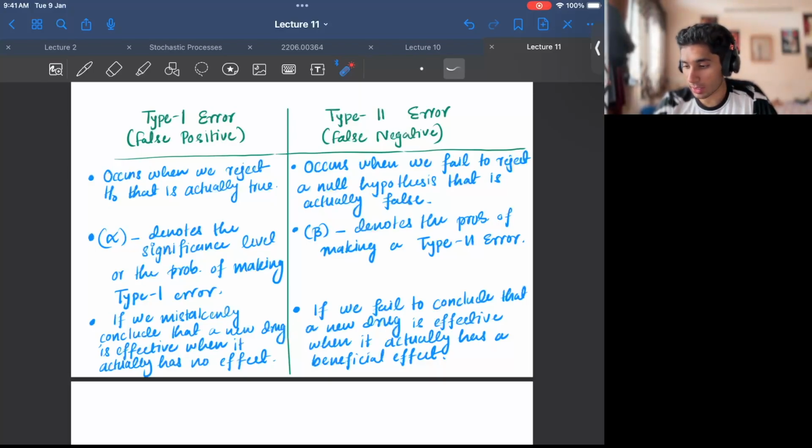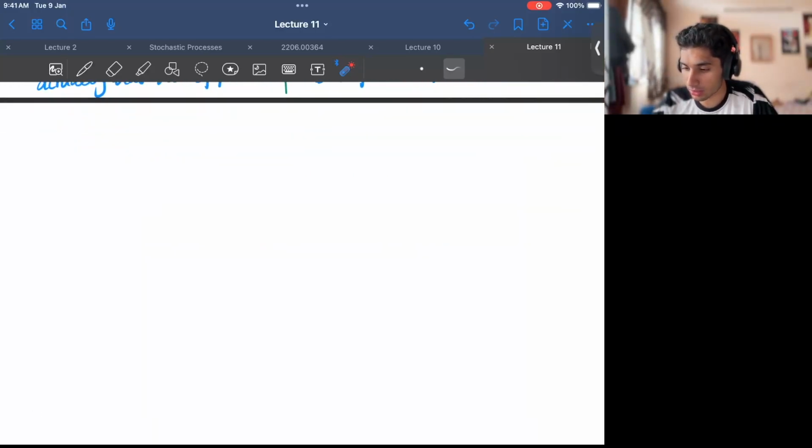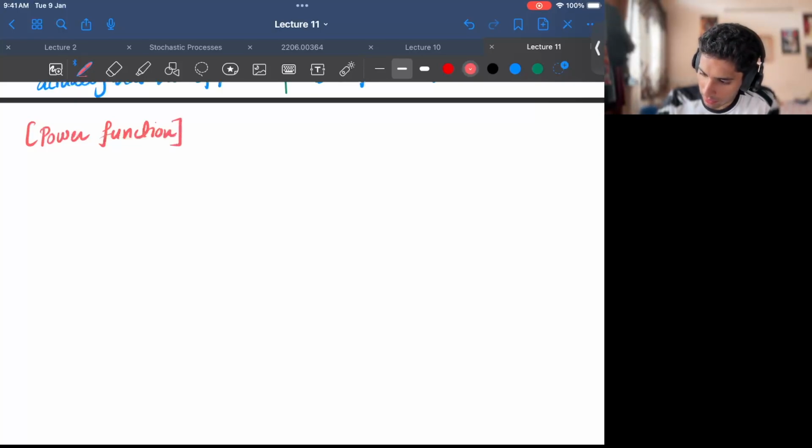So to answer your question, I think type 1 errors are more dangerous compared to type 2 errors. Now maybe I will mention a few definitions. The first is the power function. It is denoted by beta of theta.